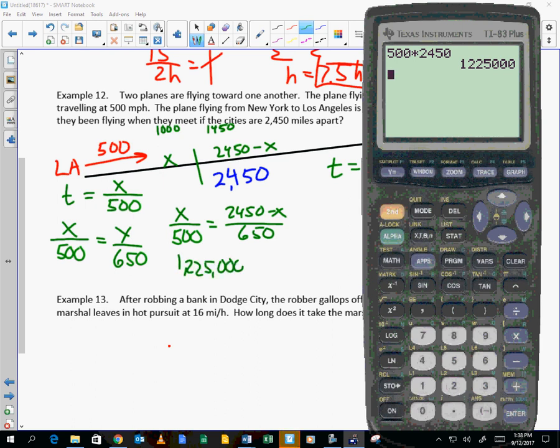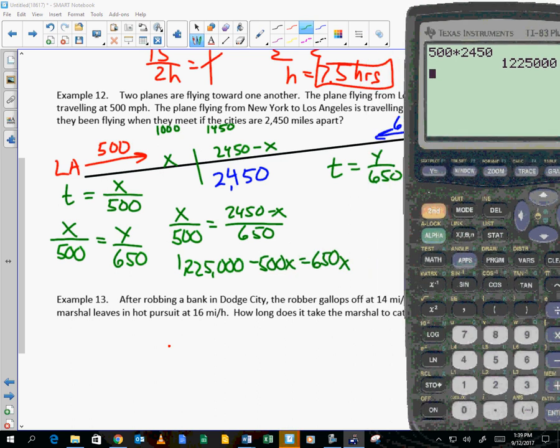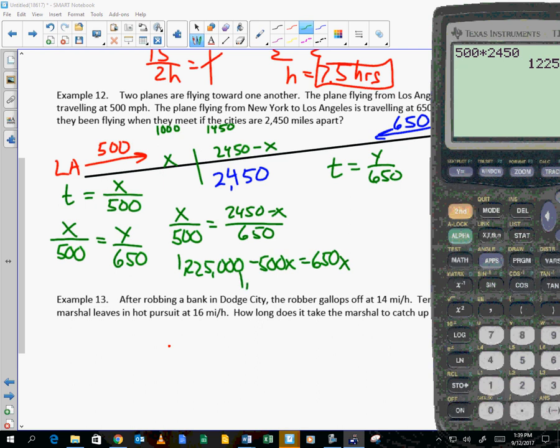It's my bank account. Minus 500x equals 650x. I could solve that. I've got 1,225,000. My number of Twitter followers. Equals 1150x.